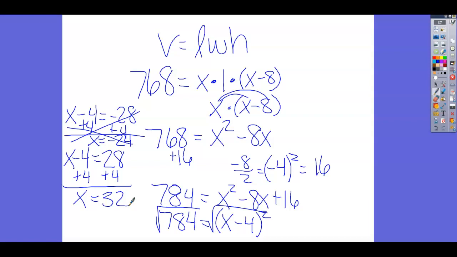So the length is what? 32. How? Because that says x. How am I going to figure out what the height is? Yep. So what is x? So I would take 32 and I'd subtract 8, which would give me 24.